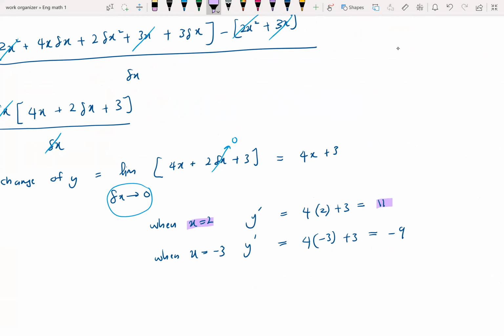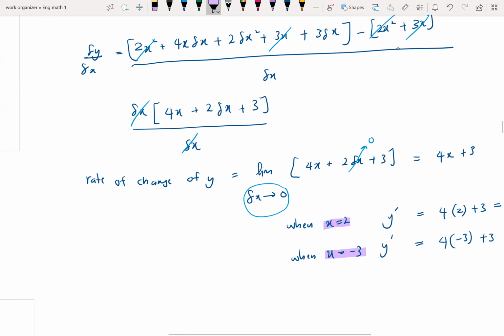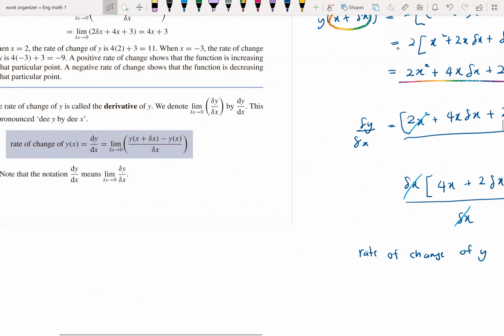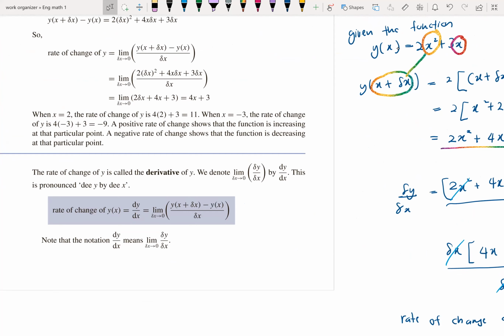When x equals negative 3, the rate of change of y is negative 9. So here there is positive and negative. A positive rate of change indicates that the function is increasing at the particular point. If the rate of change is negative, the function is decreasing at that point.